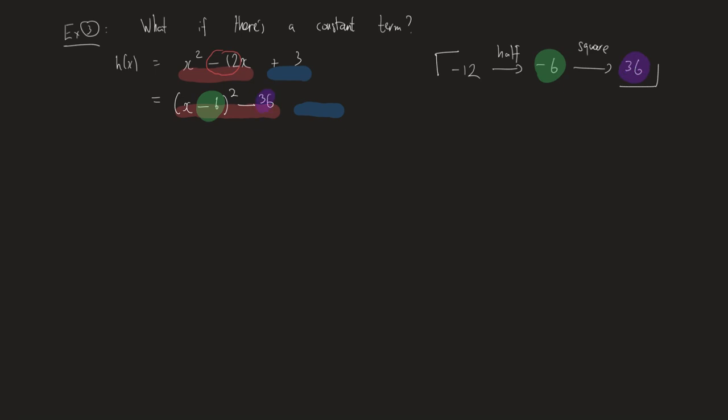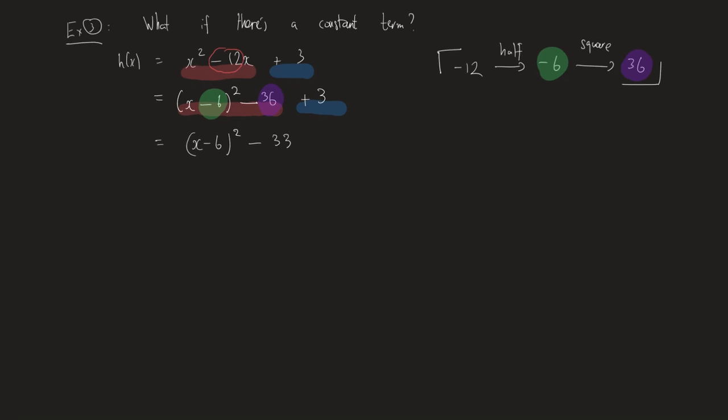So there's my 36, and I'm just subtracting it off right there. And again, yep, I have that +3. I definitely don't want to forget about that +3, but it hasn't really done anything for me yet. So now all I have to do is do some tidying up. That perfect square is doing its own thing. I've then got -36 plus 3, so I'll just combine those into my single term of -33.